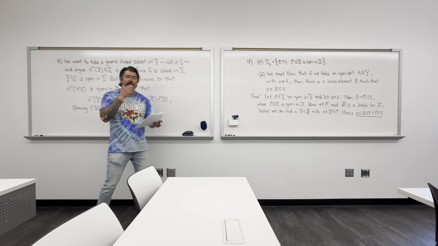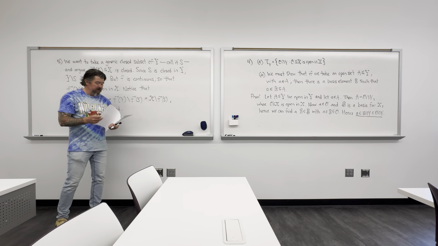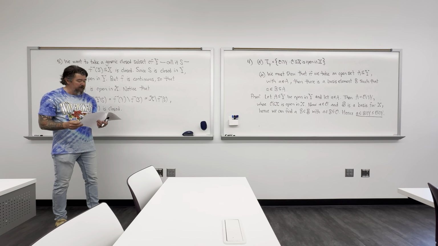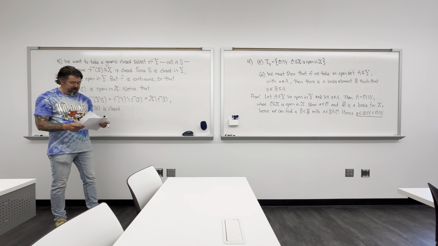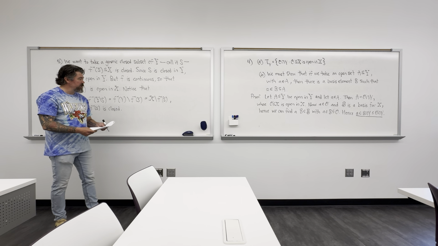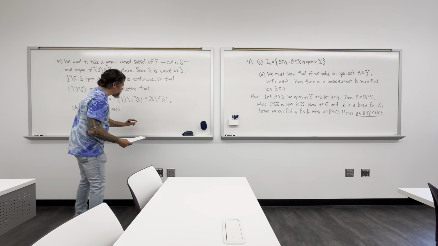Okay, and then finally, number 6, dealing with the space R being Hausdorff. We saw that in our homework.